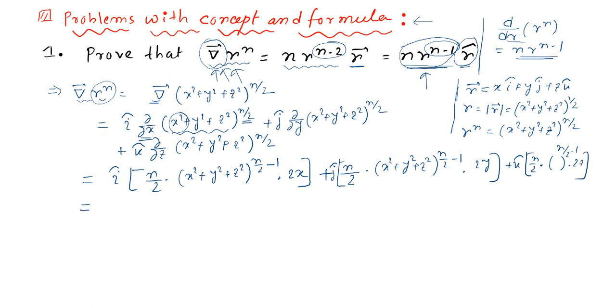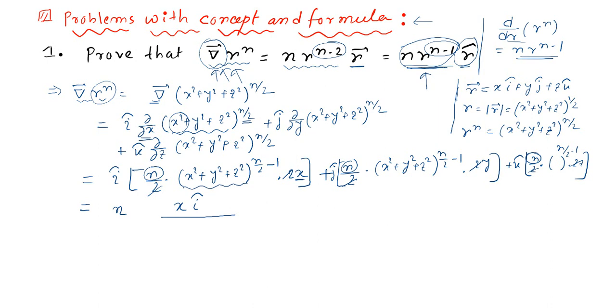So let's write together. Okay, so what will we get? These two cancel. So what will you get basically here? Here we can take n, all the n's, as a common factor. So n will be here, and we can write this one as x i cap divided by, we are writing this one in two forms.